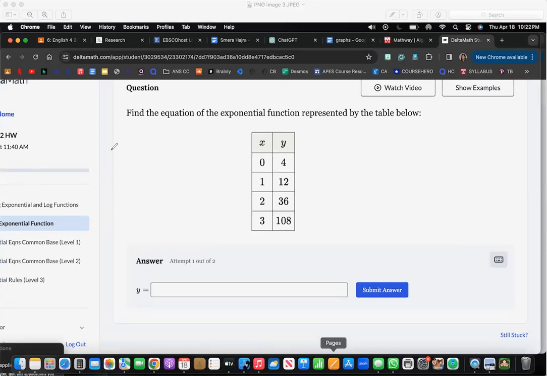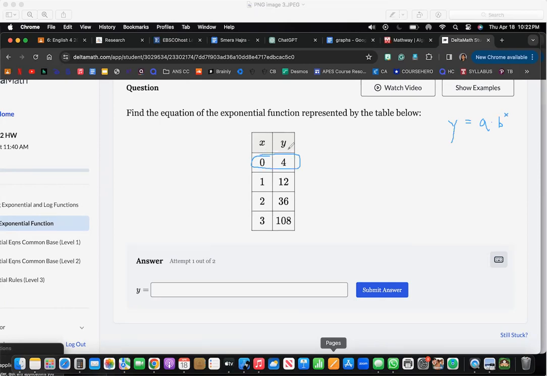Now, a lot of times you do linear systems, like intersecting lines where you want to find out what this point is. This is a little bit different. We're going to start off with the general form for an exponential function, which is y equals a times b to the x. And you always want to use any point that involves zero because those are the easiest to deal with.